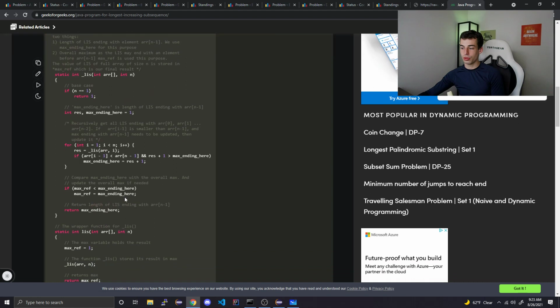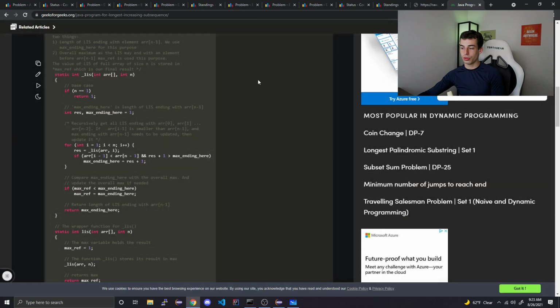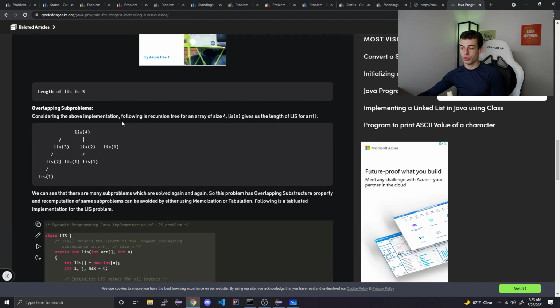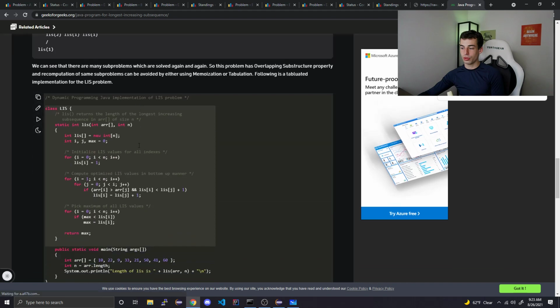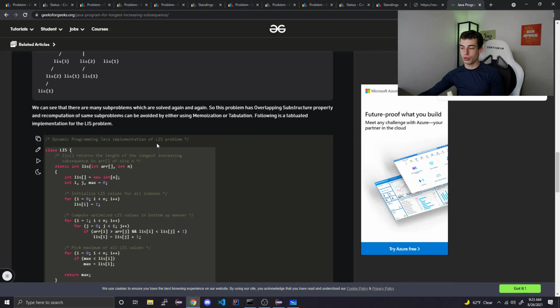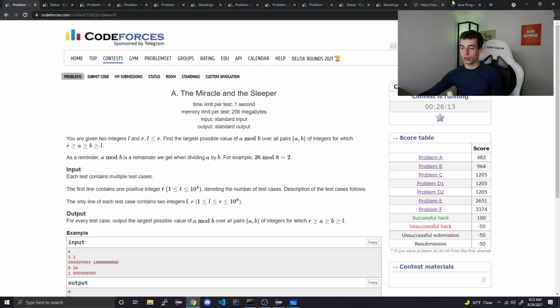Wait, this looks linear. Do they call? They do. It's n squared. Worthless. That's exponential. Okay, this is going to be n squared. Will you tell me the runtime? Okay, worthless.